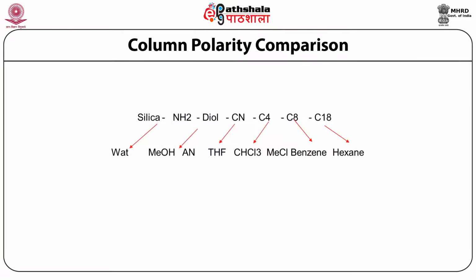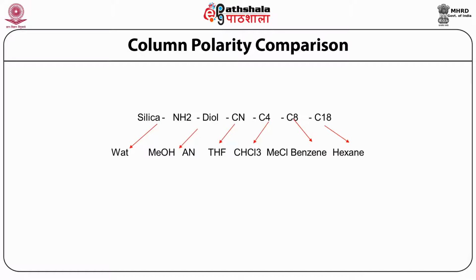When you compare the columns along with their polarity, this picture explains how they are equivalent. A normal phase silica column, which is hydrophilic in nature, is equivalent to water, but C18, at the extreme corner, is a hydrophobic column whose polarity is equivalent to that of hexane.